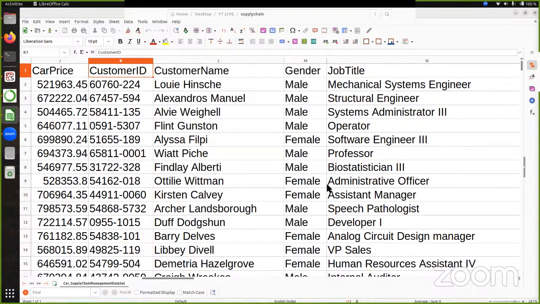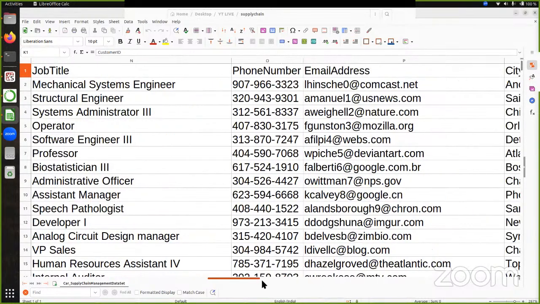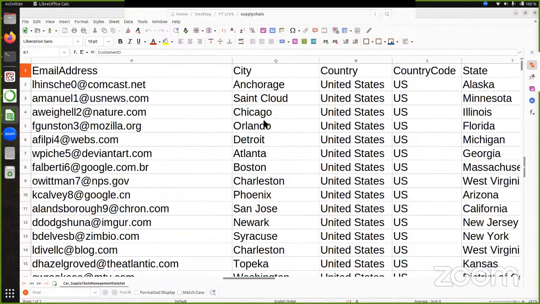Okay. Now, after all of this, we have their name, gender, and job title. So we have phone number, email, as well as their location, etc. So we can see that we have a lot of information available for both the supplier as well as the consumer.